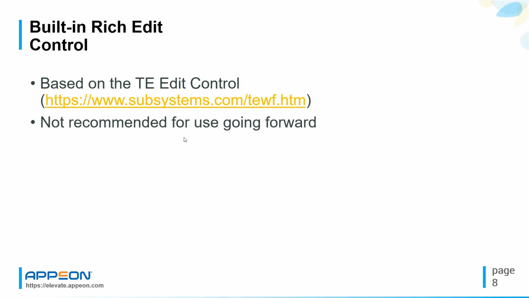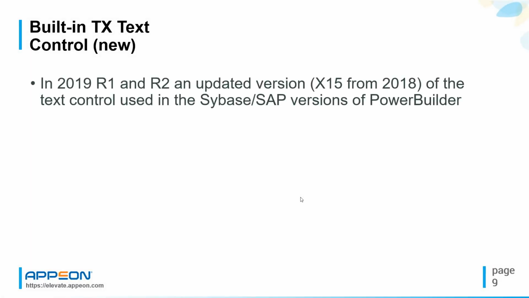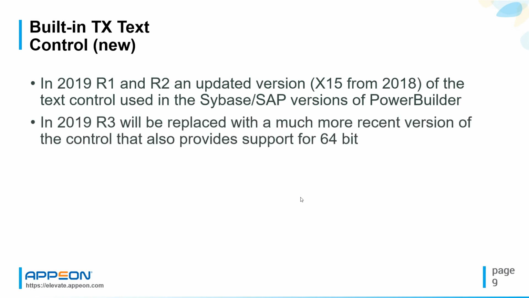Also not recommended for use going forward. Today, if you're going to support 64-bit, you probably would need to use that. But as I mentioned earlier, in a later release, the TX text control will be updated to fully support 64-bit. 2019 R3, I guess, is what they're targeting.